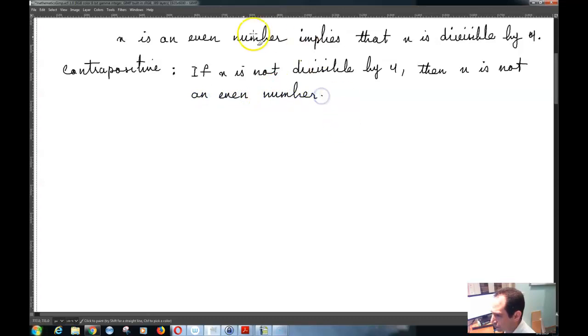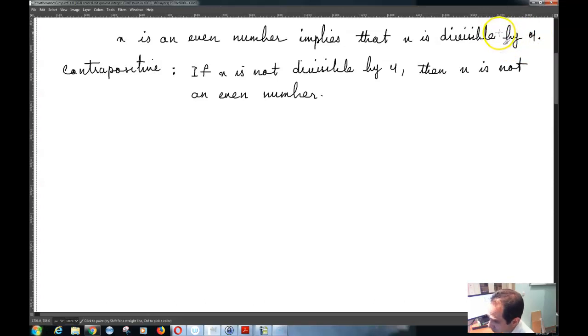Which is of course not true, but that's the contrapositive, meaning that the statement itself is not, of course, true, because it says that if x is an even number, then x is divisible by 4, which means that x is a multiple of 4.